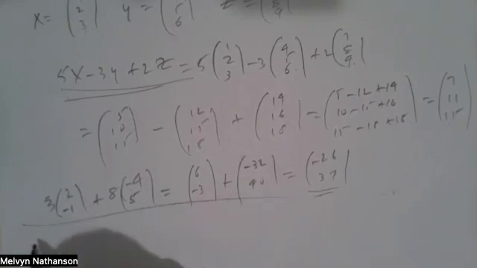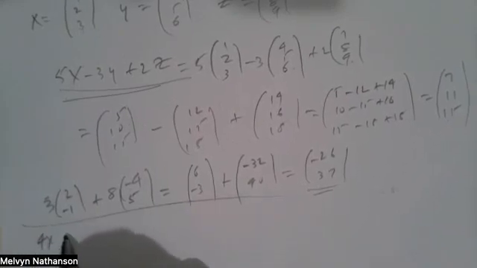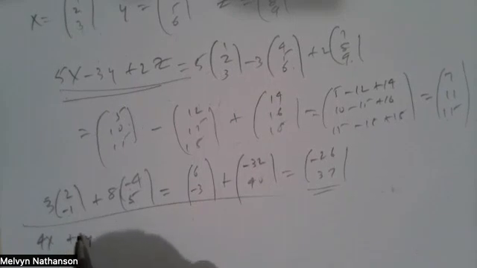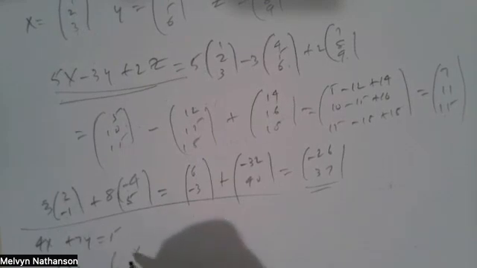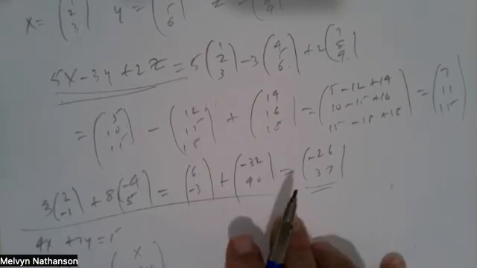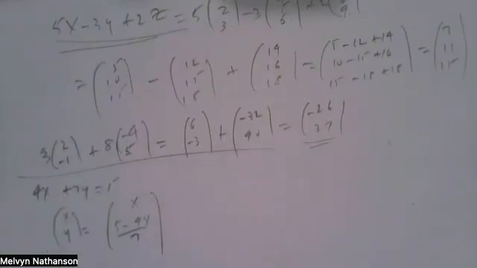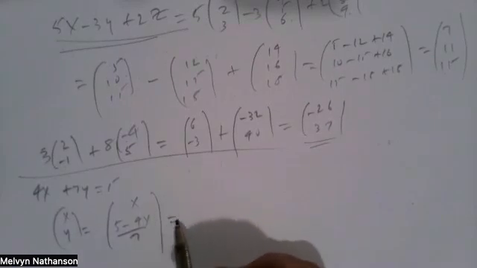Remember when we solved the equation 4x plus 7y equals 5, the solution was all vectors x, y, where x could be any scalar, and y was (5 minus 4x) over 7. So I can write this in a somewhat nicer way, I think.